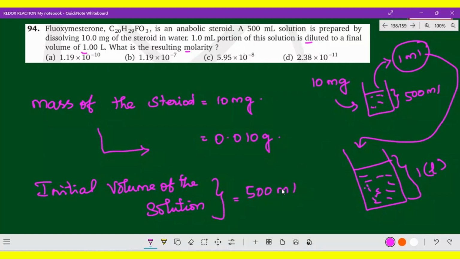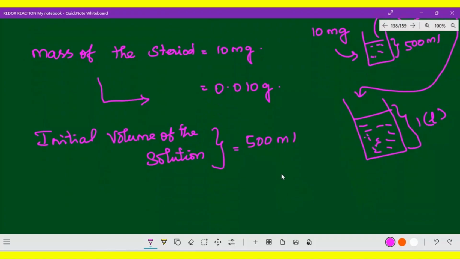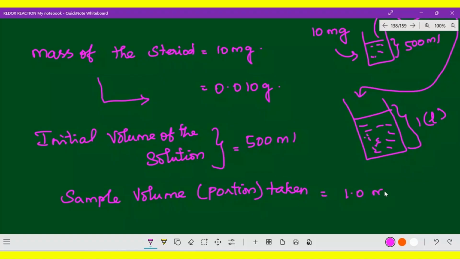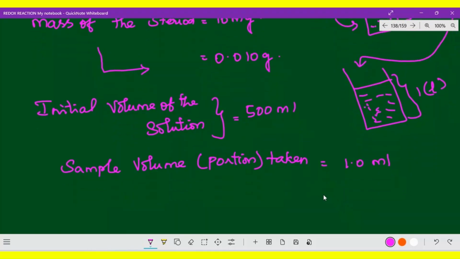Next, the sample volume taken from that: how much? It is 1 ml, so 1.0 ml. We convert it into liter: 0.001 liter. I hope you got the clarity.